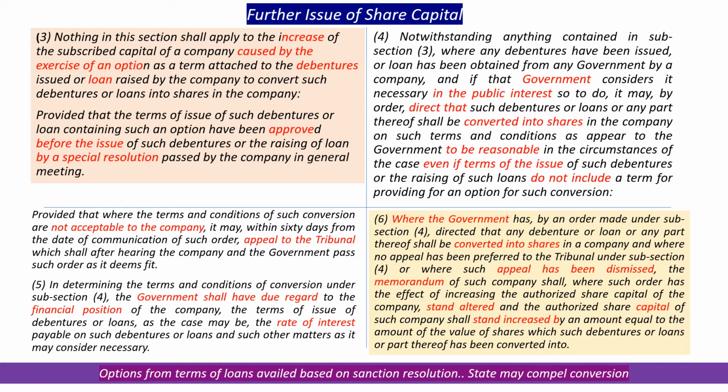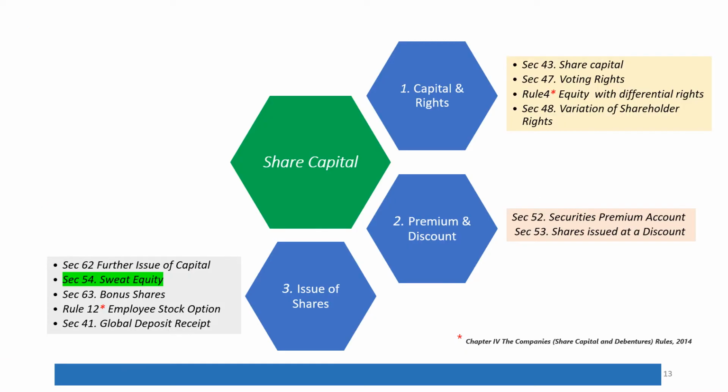The company has the right to move the tribunal as an appeal. If the appeal is dismissed by the court, the company has the duty to implement the decision of the government, including changing the articles and giving effect to the transaction in all its aspects. That is regarding the further issue of capital.